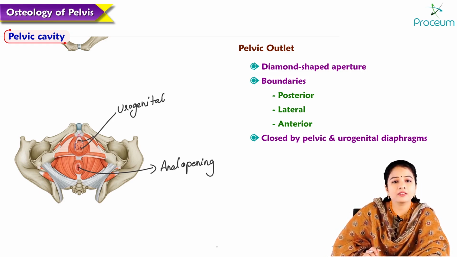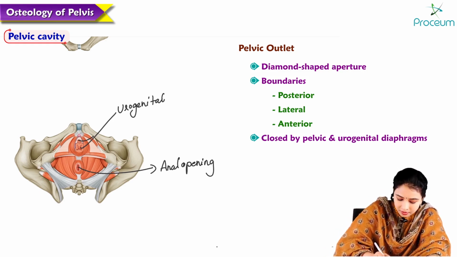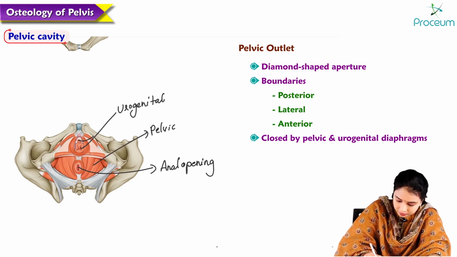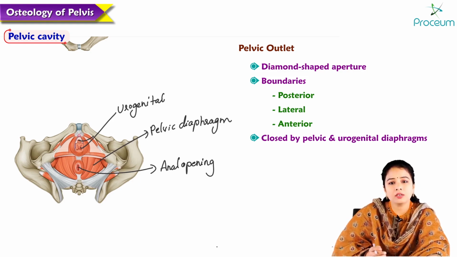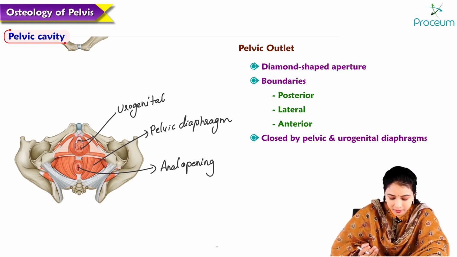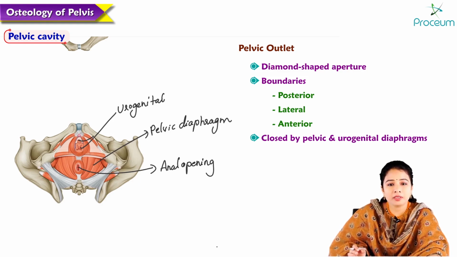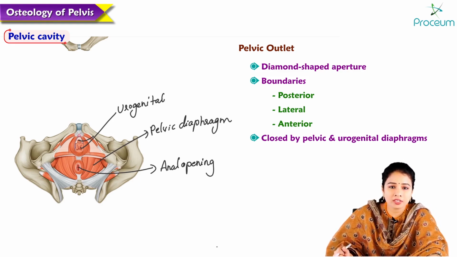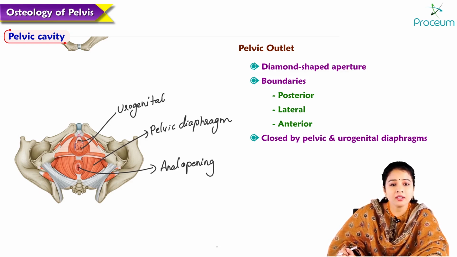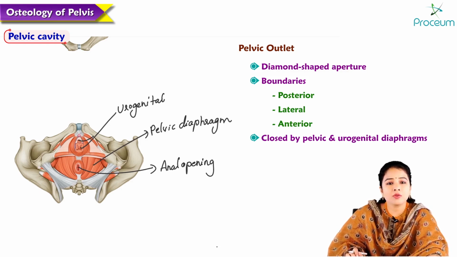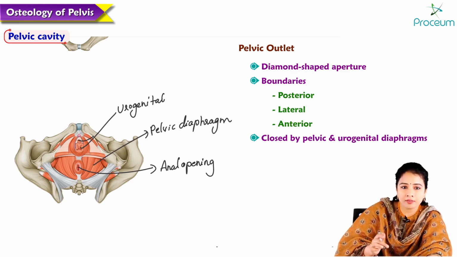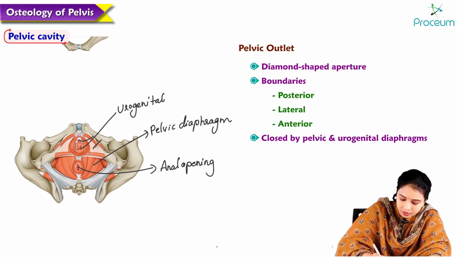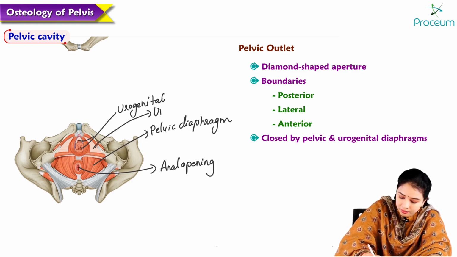So the anal opening is surrounded by the pelvic diaphragm, which forms the floor of the pelvis. That is, the pelvic diaphragm is formed by the muscles which prevent the prolapse of the organs present in the pelvic cavity, and anteriorly it is formed by the urogenital diaphragm. So the muscles around these urogenital structures form the urogenital diaphragm.